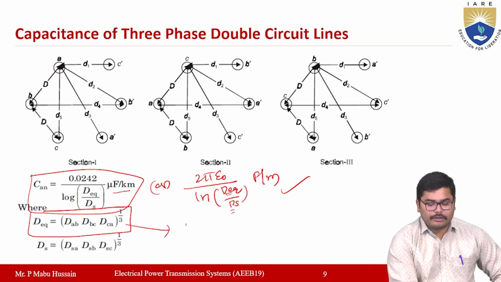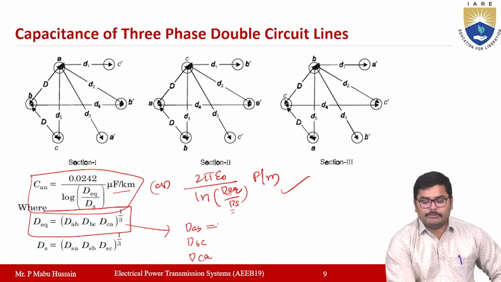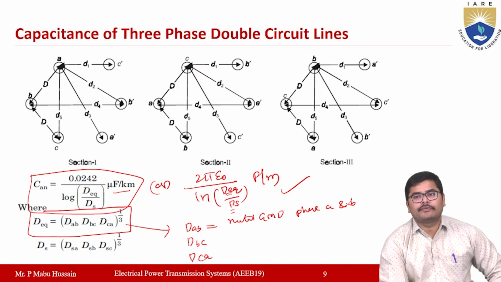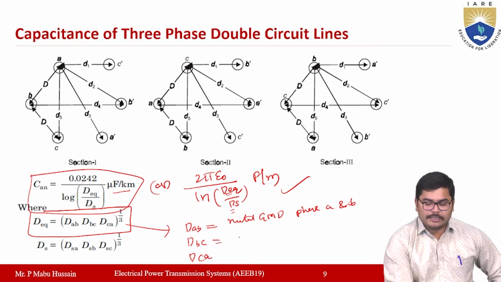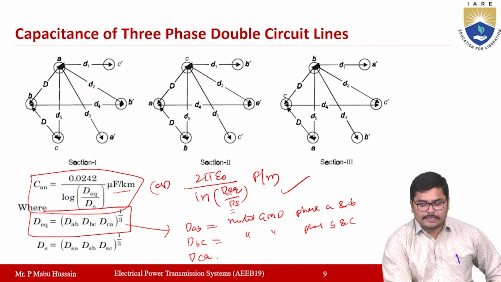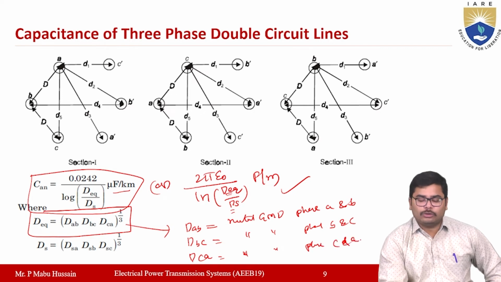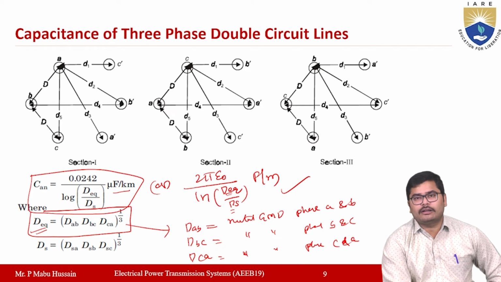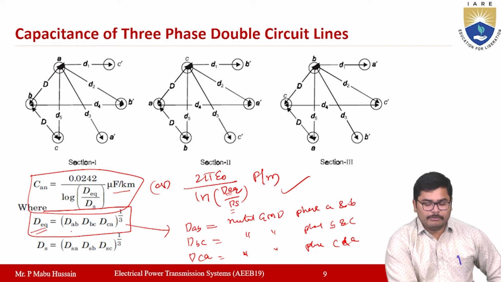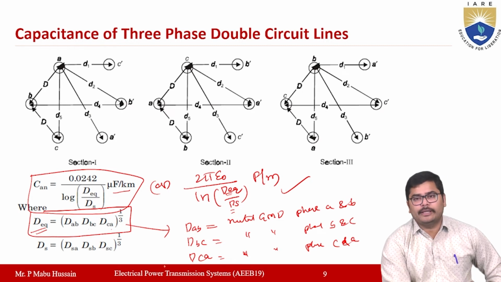Here, DAB is the mutual GMD considering phases A and B. DBC is the mutual GMD considering phases B and C. And DCA is the mutual GMD considering phases C and A. The total equivalent GMD is DAB into DBC into DCA whole to the power of 1 by 3.